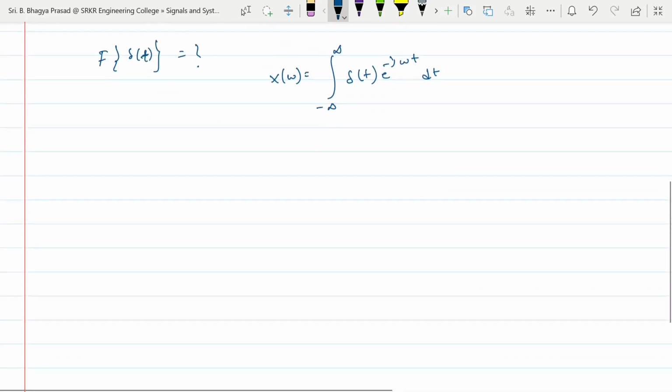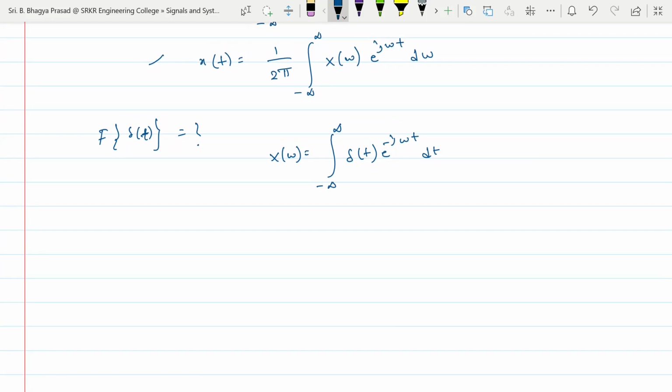You all know that this impulse exists only at t equal to 0 with strength 1. Even though we consider the integration from minus infinity to infinity, delta exists only at t equal to 0, where the value is 1. So this expression becomes 1 multiplied with e power minus j omega t at t equal to 0, and this gives the answer as 1. So the delta t Fourier transform is 1.